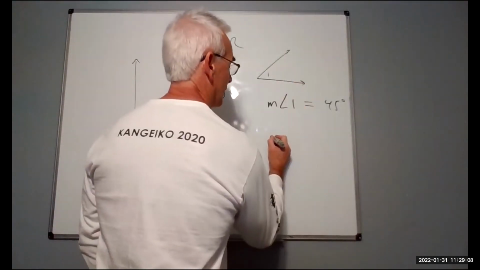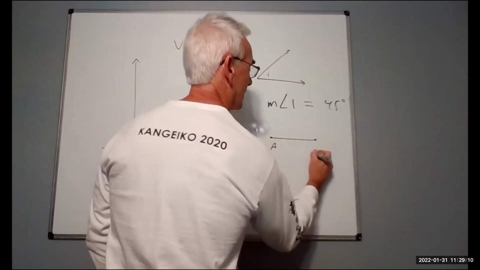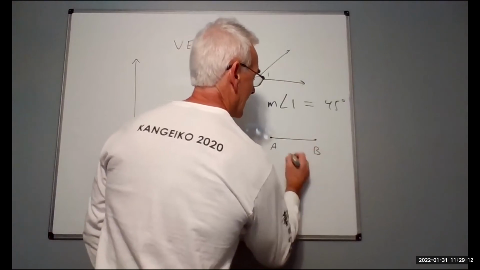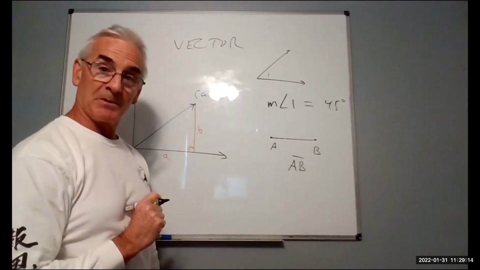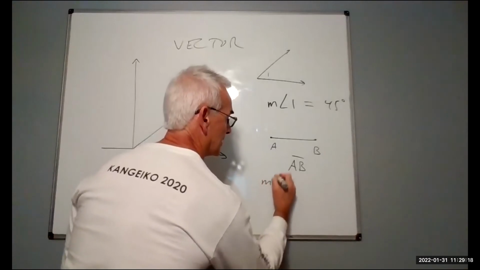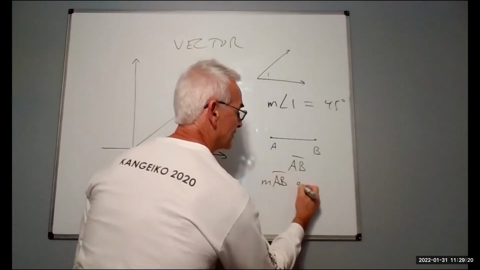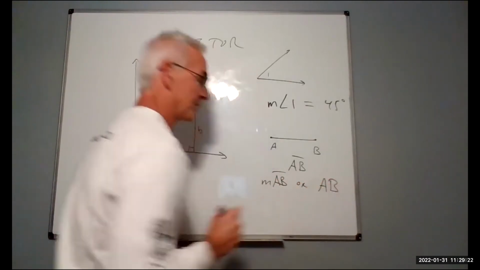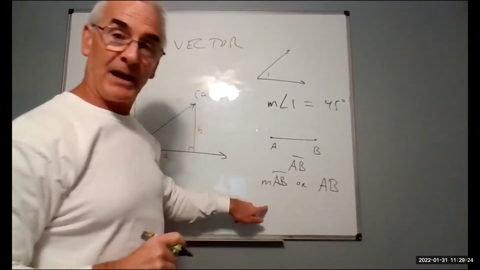If I was talking about the line segment from A to B, and I wanted the measurement of the line segment from A to B, well, there were two ways to do it. In high school geometry, you put a little m, or you just said AB without the bar, and that would be a numerical value.